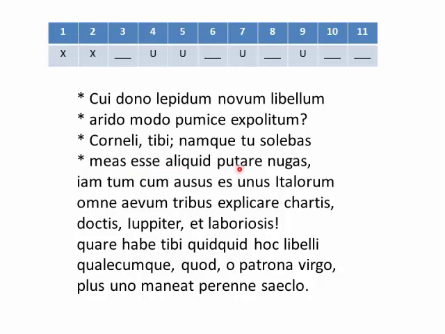You know, and Latin poetry does that. I mean, they don't have rhyme scheme at the end of the lines. That would be a child's play to make the end of lines rhyme. But they have internal little fleeting patterns going on. So, Corneli tebi namque tu solebas meas es aliquid putare nugas.